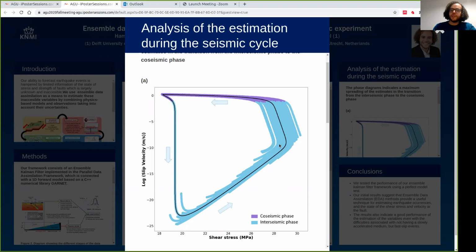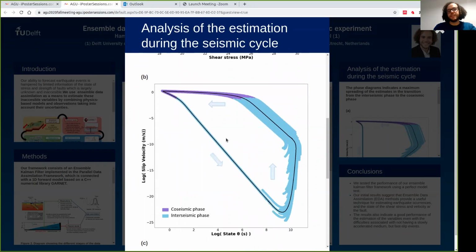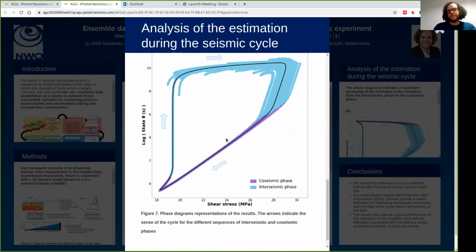The arrows show the sense of this diagram. What we see is that in the coseismic phase, where we have the sharp fall and we're liberating the energy, there is a good resolution after using our assimilation, which is very nice because it's the most challenging part of our estimation.